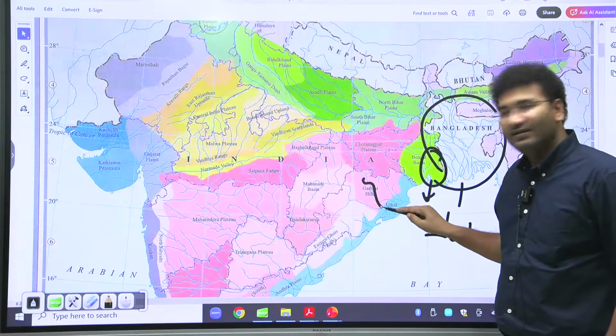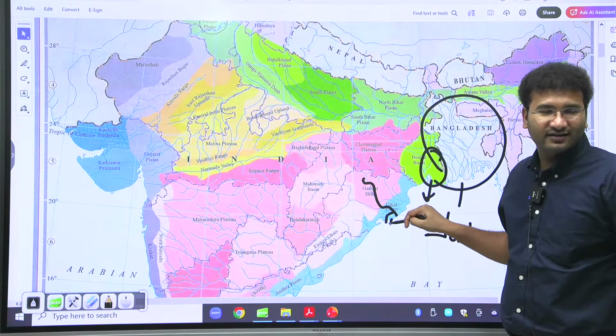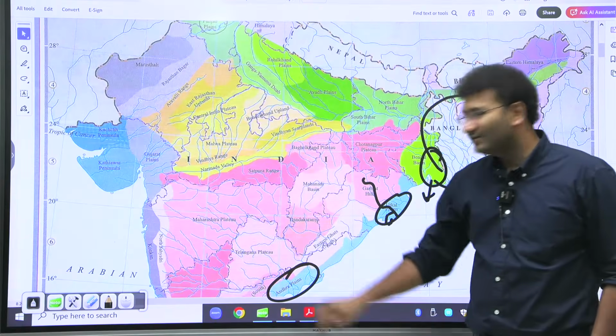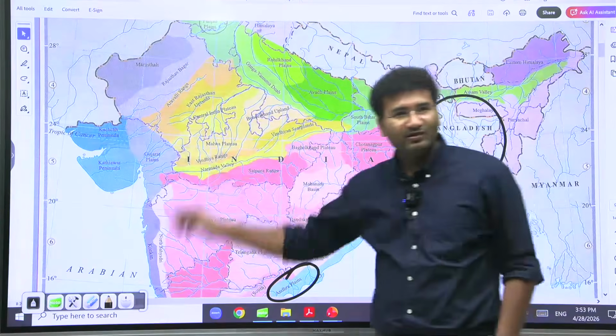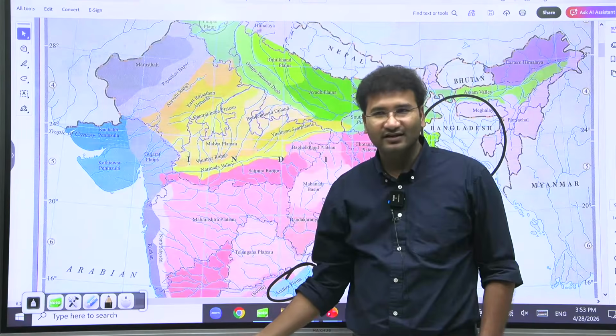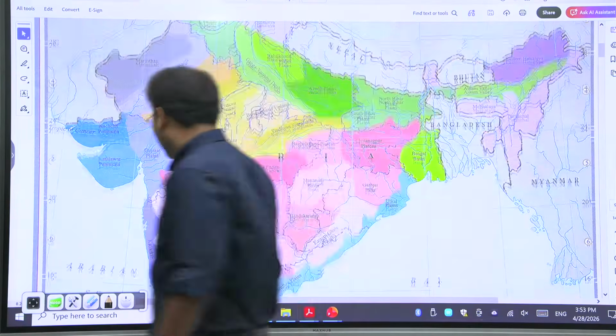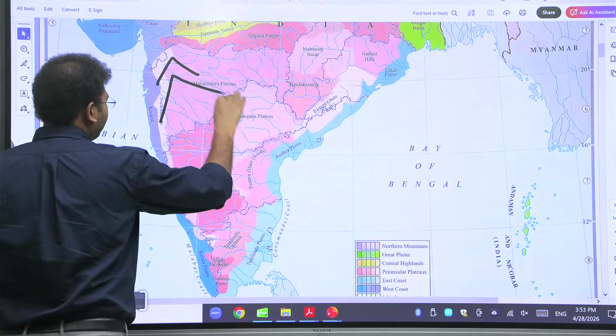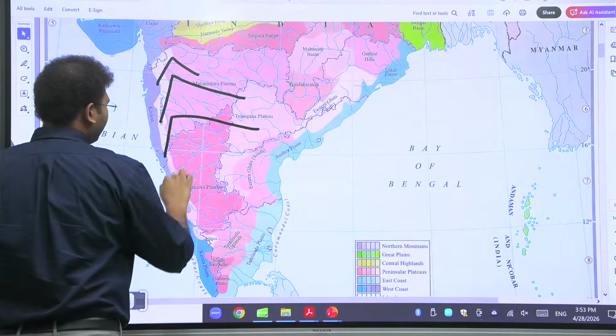Wherever the river flooding area is there, right? Delta regions it can grow. Here also you can grow. Andhra plains also. Deltas can't be formed on the Western Ghats, right? Your Western Ghats are escarpments. They are steeper on one side and gentler on the other side.